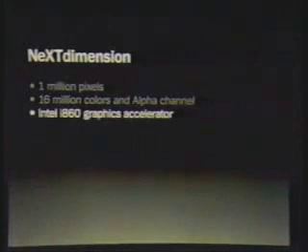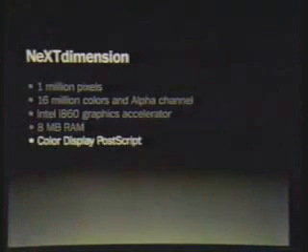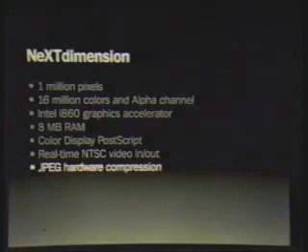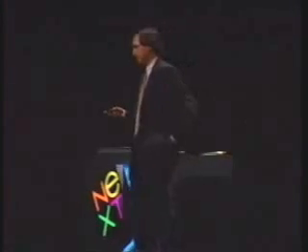An Intel i860 graphics accelerator. And every system comes with 8 megabytes of RAM, expandable to 32, I believe. Full color PostScript on every system. Everything you've seen today has been drawn by color PostScript. Full NTSC and PAL video in and out, and full JPEG hardware compression at $39.95.